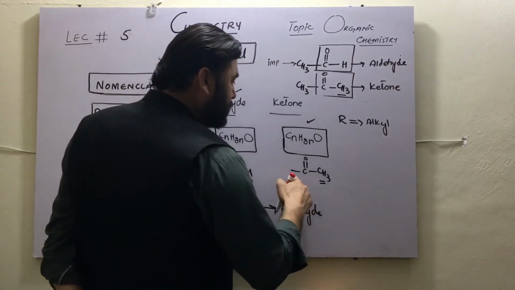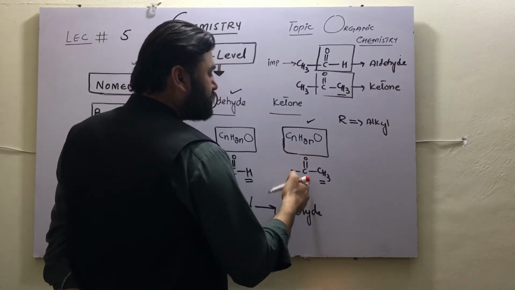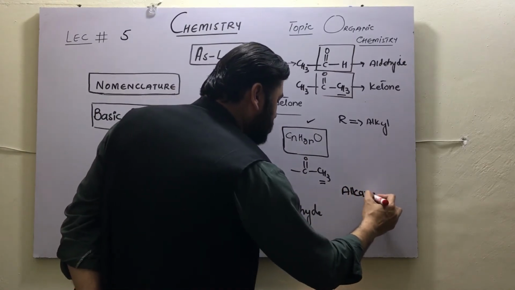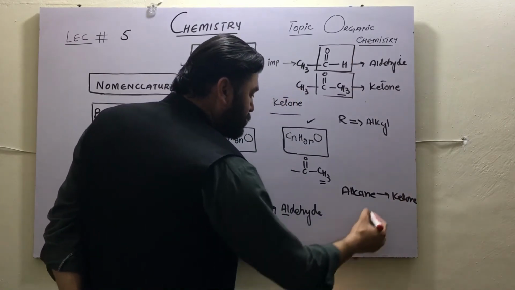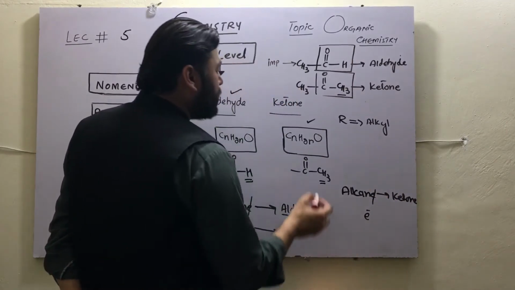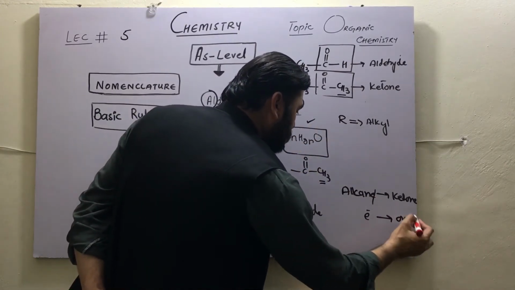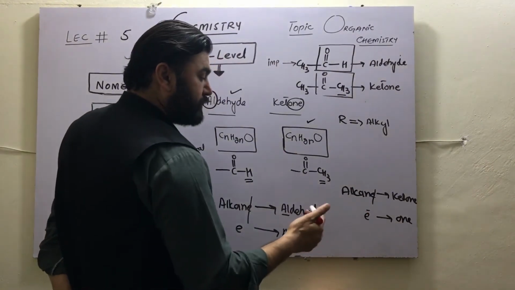And whenever we assign a name to any ketone, this is also very easy and very important. If you want to change an alkane into a ketone, you have to remove the E and add "one", the last three letters. Like propane, propanone, butane, butanone.